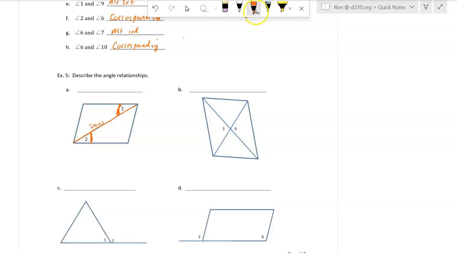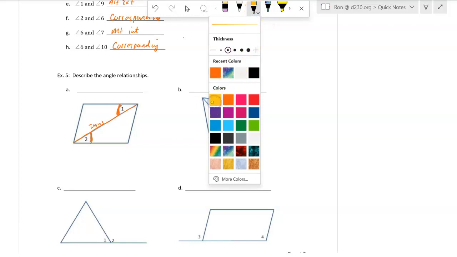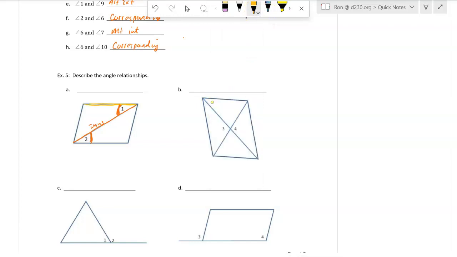And if I highlight the other lines, if I highlight this line and I highlight this line, now I can see that these two angles are both on opposite sides of the transversal and they're both interior. So we would say that those are alternate interior angles. 3 and 4, they have no relationship with the transversal. So we're just going to say that those are your vertical angles.